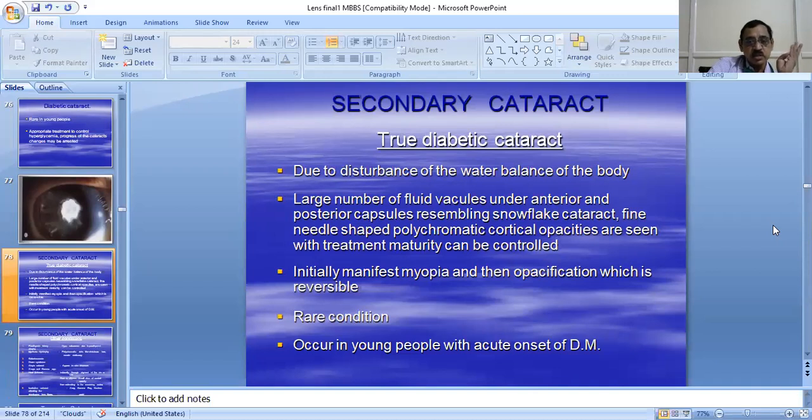If treatment is instituted and we bring back strict control of the glycemia, the maturity can be controlled. Initially it manifests as myopia and then opacification occurs, and if the diabetes is controlled, this opacification and myopia are reversible. True diabetic cataract is a rare condition. It occurs in young people with acute onset of diabetes mellitus.